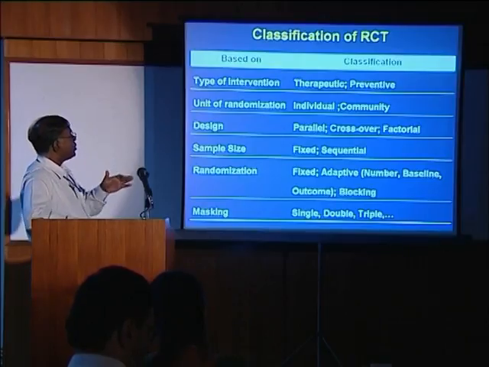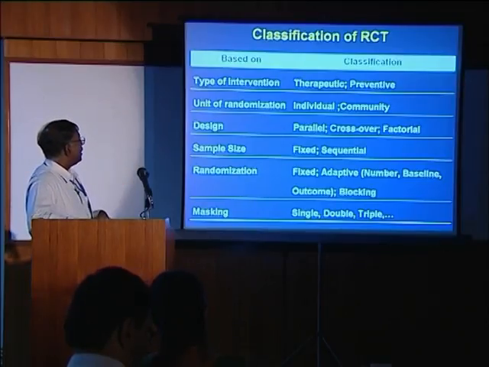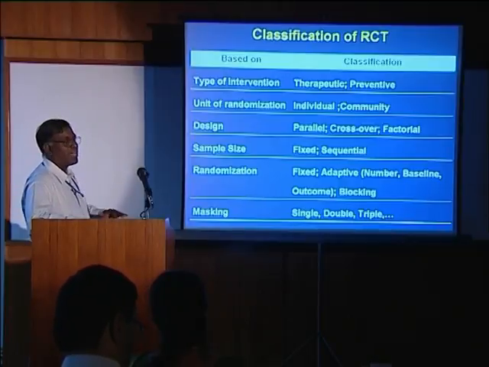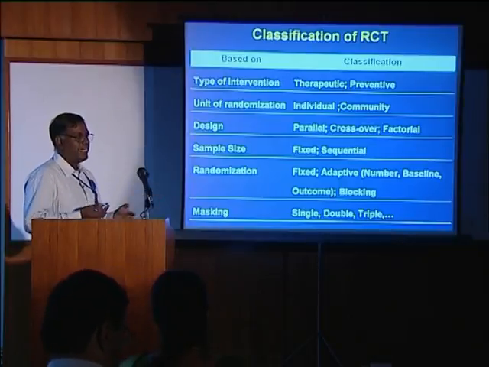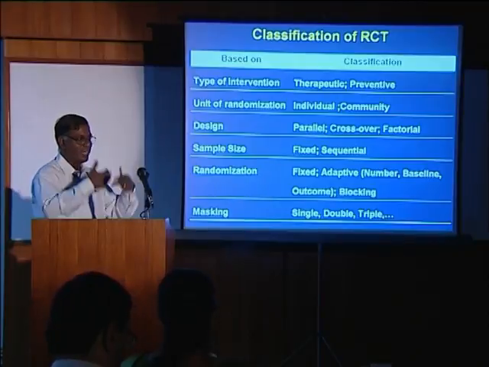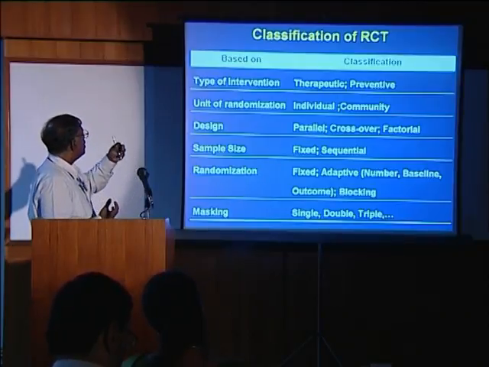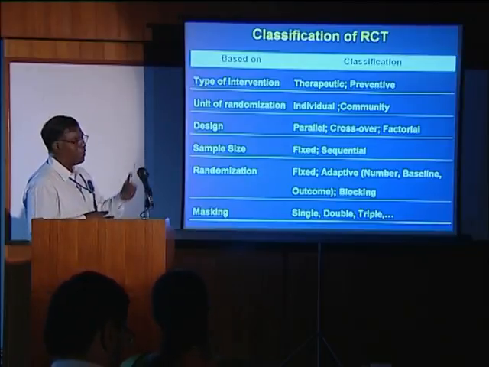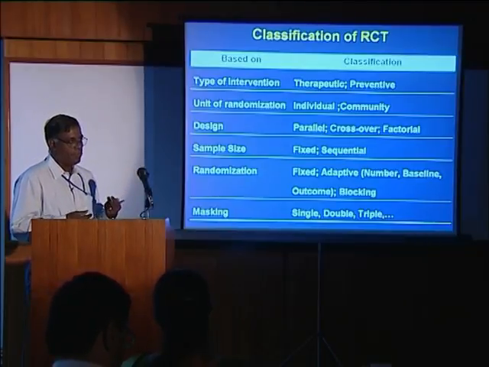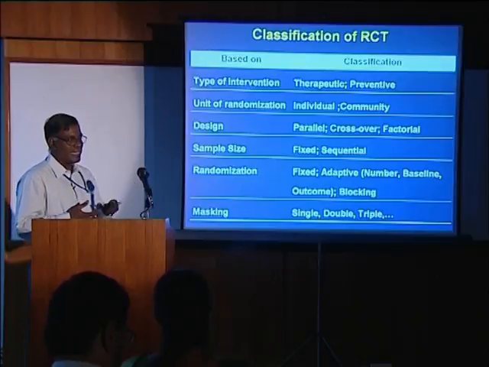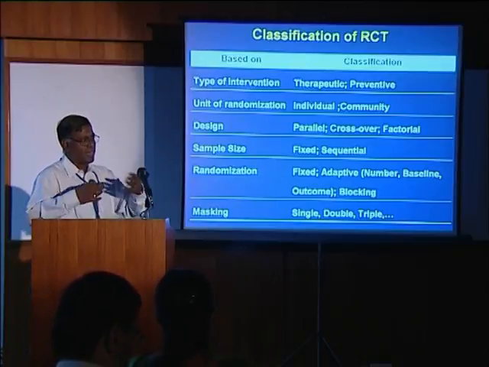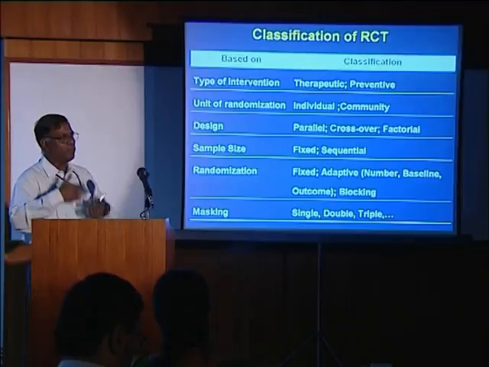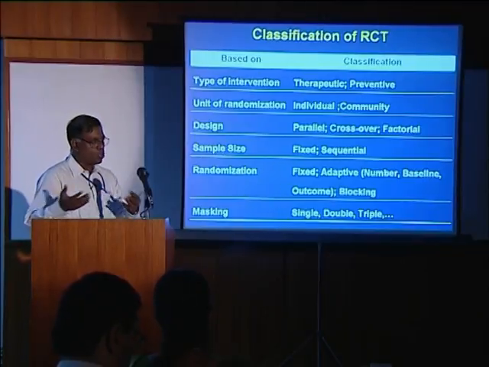So, the classification of RCT. When you are telling what sort of an RCT it is, that is based on different categories, like type of intervention, which could be either therapeutic or preventive. Therapeutic: say the Tuberculosis Research Center, Chennai, has done several RCTs on various drug combinations against tuberculosis.